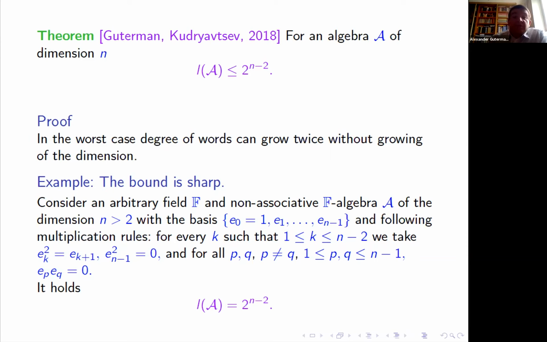And this is a bound we established recently together with Dmitry Kudryavtsev. We also proved that the bound is sharp, just considering this algebra with such a system of generators. We realize it is in a way the worst possible algebra, in terms of generating the whole algebra.